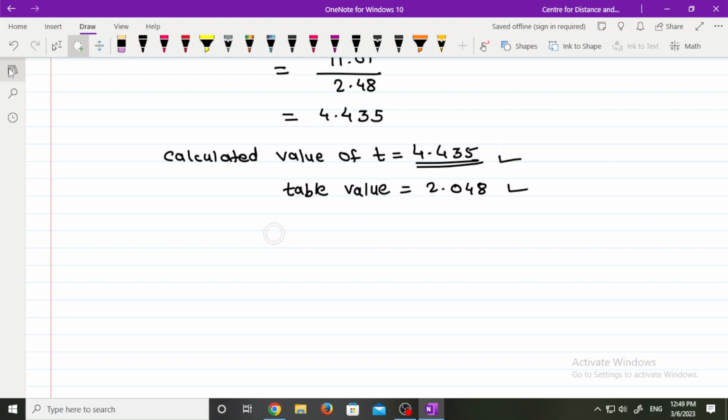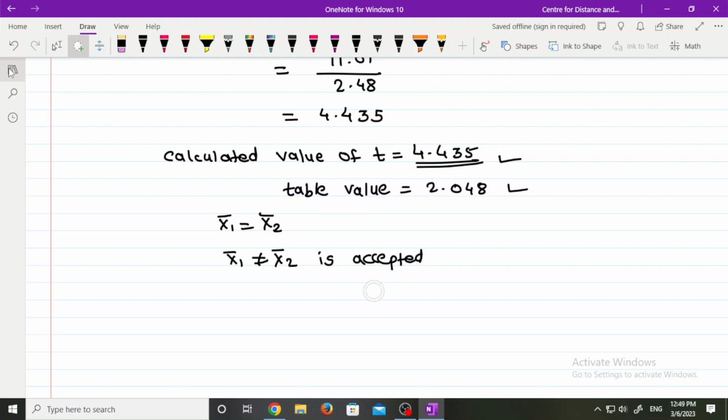In our case, the null hypothesis is x1 bar is equal to x2 bar. That is, the percentage of marks scored by girl students and the percentage of marks scored by boys has no significant difference. That is, the null hypothesis is rejected and the alternative hypothesis, that is x1 bar is not equal to x2 bar, is accepted.